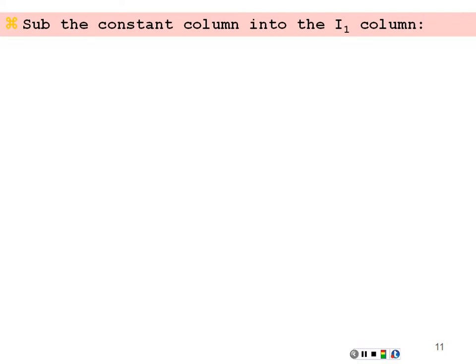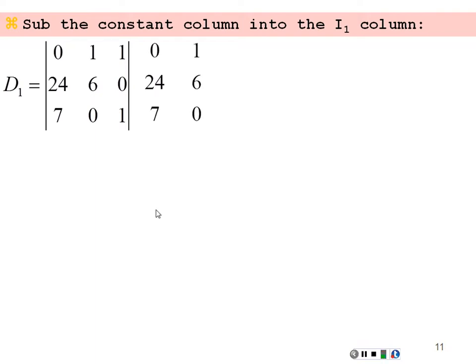So to find my I1 determinant, I substitute my constant column for my coefficients in the I1 column. So it looks like this. And again, I want to solve this determinant. So I'm going to repeat the first two columns and do my diagonals as before. First one will be 0 times 6 times 1, which is 0. Then I have 1 times 0 times 7, which is 0. 1 times 24 times 0, which is 0.